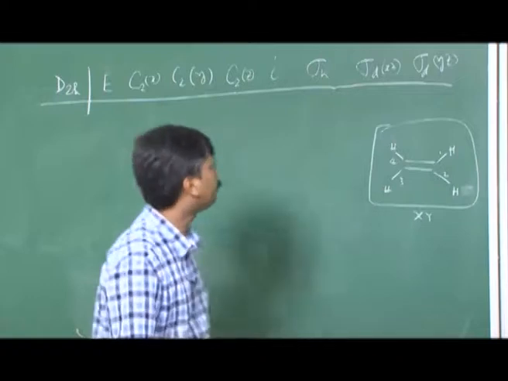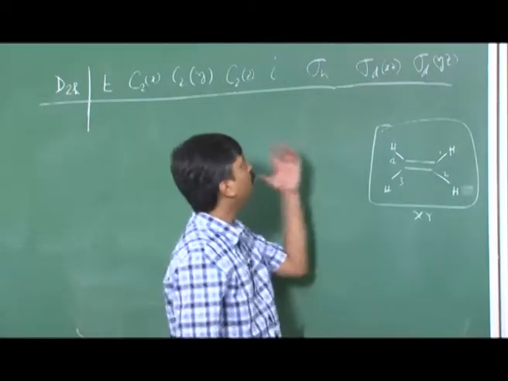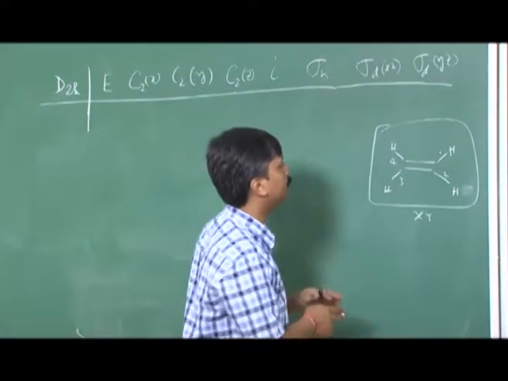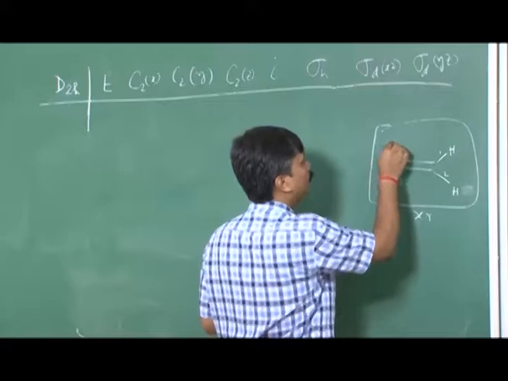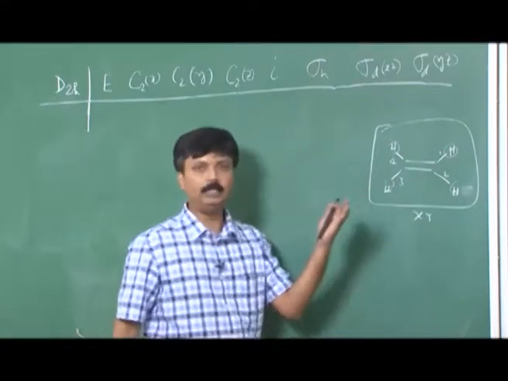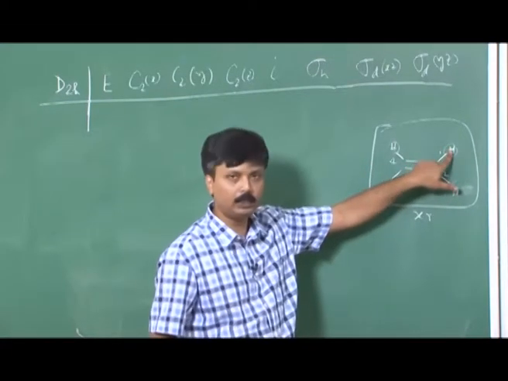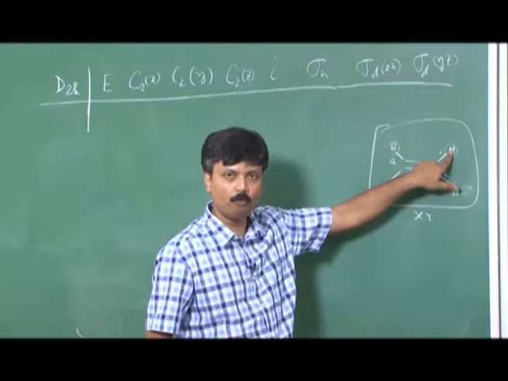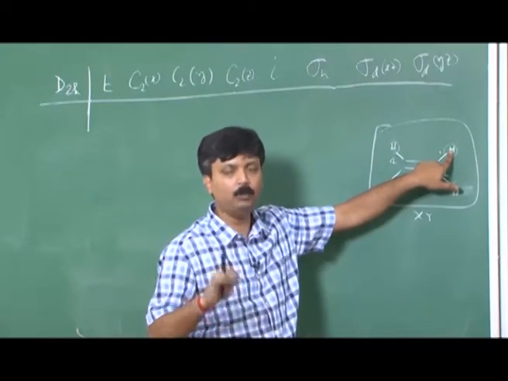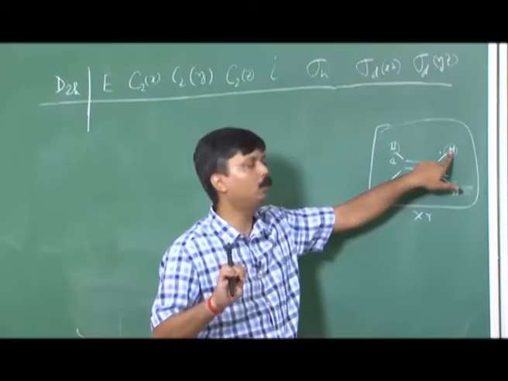So if you think about the effect of all these symmetry operations on these basis functions, the basis functions are nothing but these 1s orbitals, right? Identity will not change anything, and if the basis function doesn't move upon the symmetry operation, each basis function will contribute 1 to the diagonal, meaning 1 to the character.